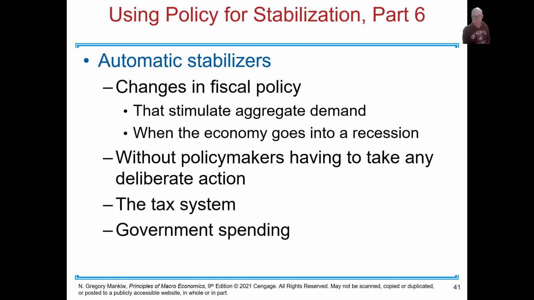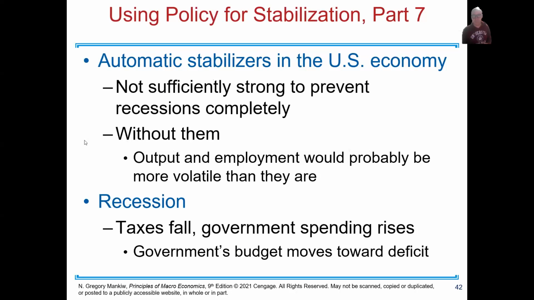Not entirely, but it has a possibility of doing so. Fix the tax system, fix the government spending, and things will, of course, stabilize. So it's impossible to prevent recessions, but we try our best to mitigate them wherever possible.